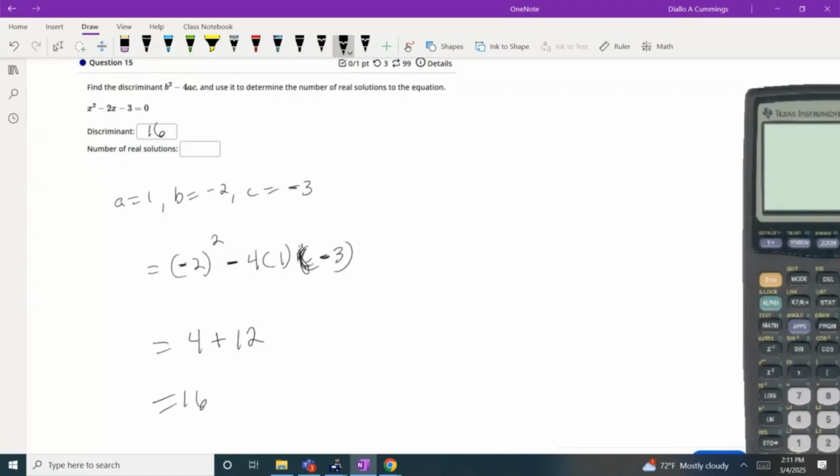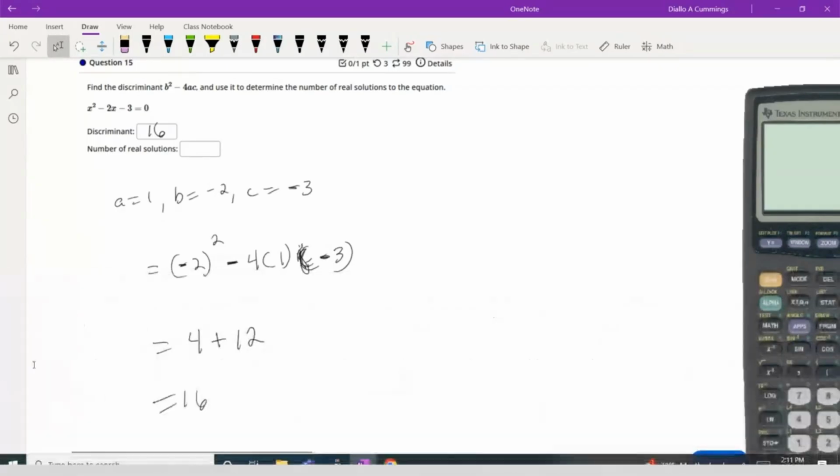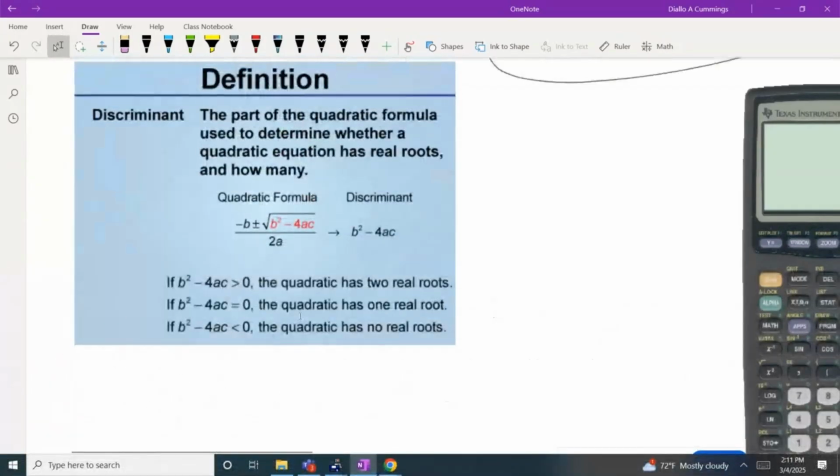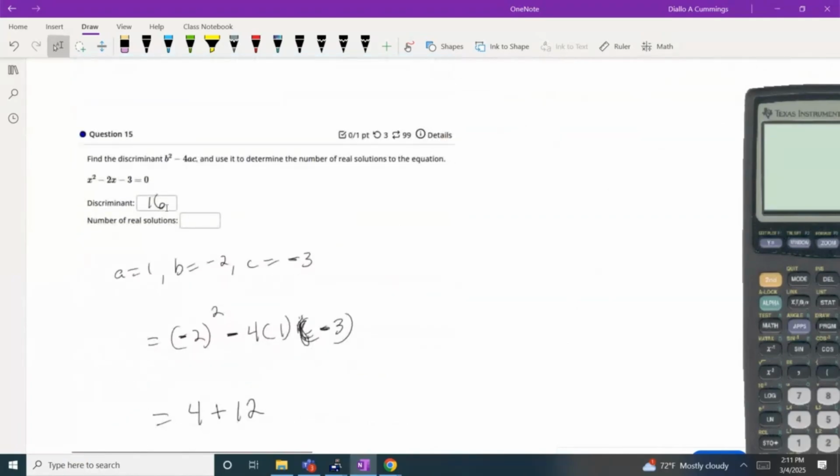And then it asks for the number of real solutions. Well, if we look back at our discriminant chart, since 16 is greater than 0, that means that quadratic has 2 real roots. So the discriminant is 16 and the number of real roots is 2.